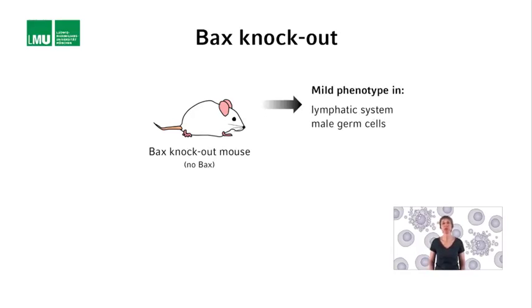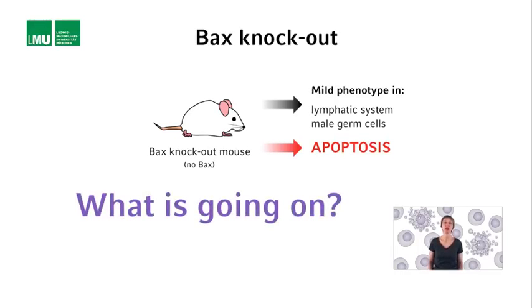Some mild phenotype in the lymphatic system and some mild phenotype in male germ cells. Much of apoptosis that occurs during development and throughout adult life still happened just fine. This rather disappointing phenotype was published in 1995, 2 years after Bax had been identified.